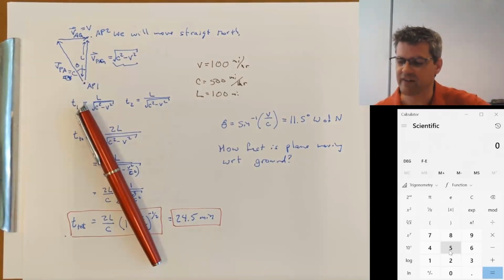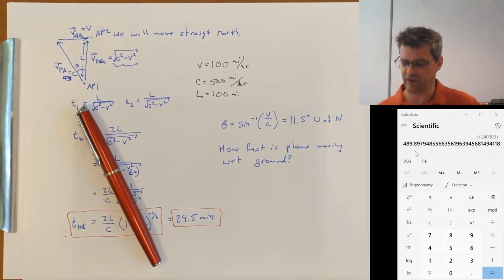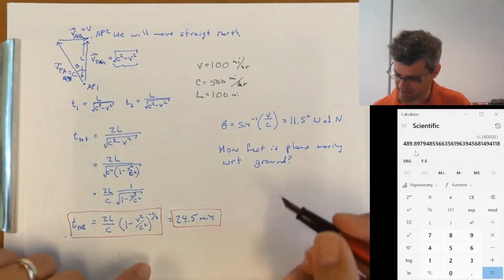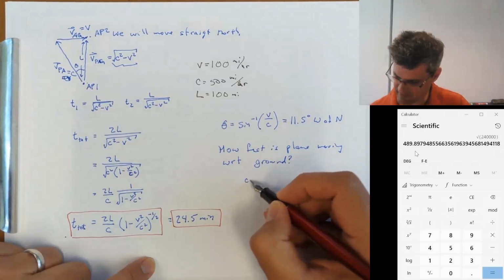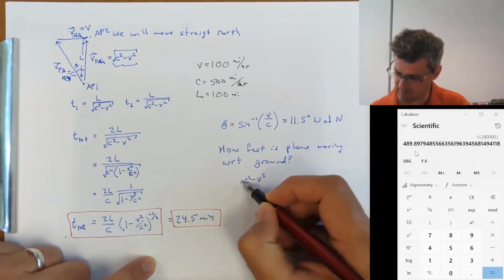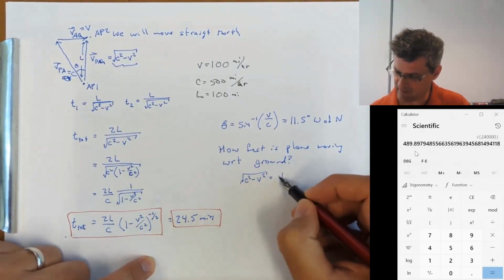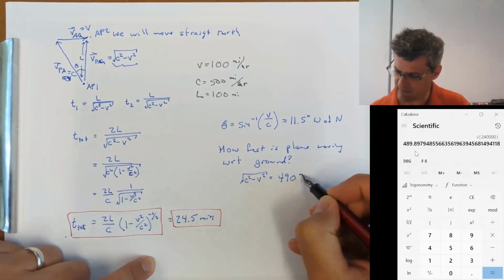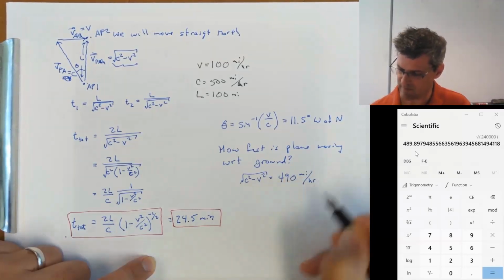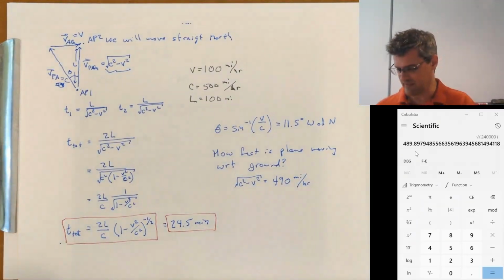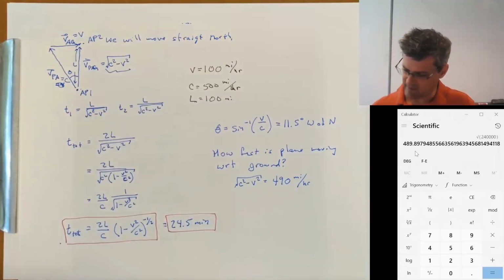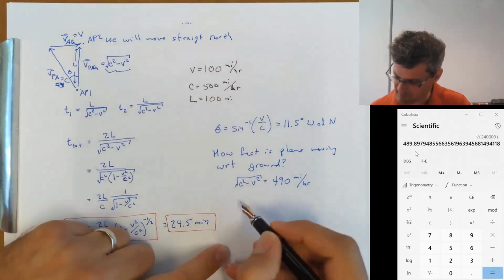C squared, 500 squared, minus v squared, 100 squared, is this. I take the square root, 490 miles per hour. That's how fast the plane was actually moving with respect to the ground.